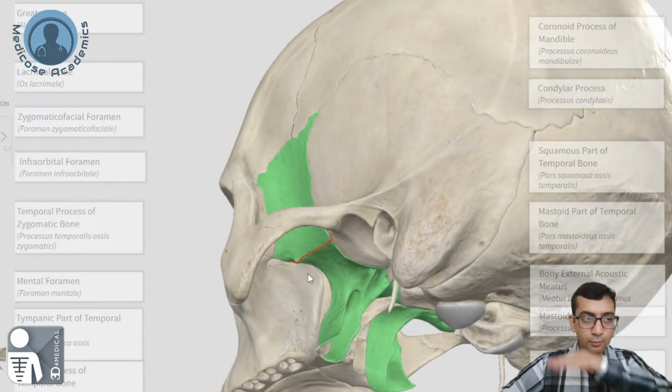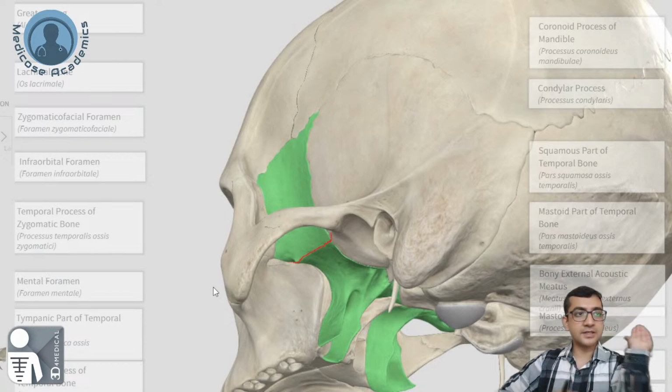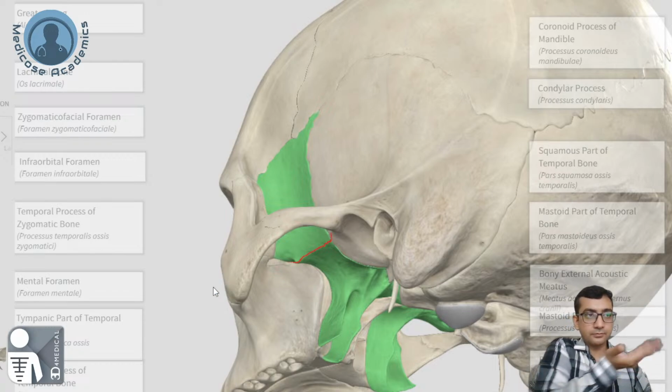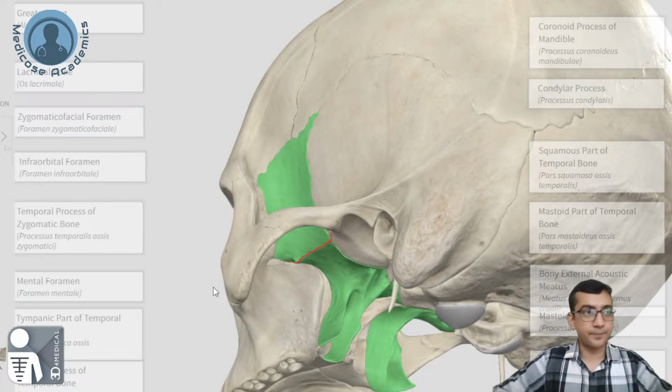Below it, it is almost in a horizontal plane; above it, it is like this. This red line is the infratemporal crest. This part is the greater wing of sphenoid in the temporal fossa, forming the floor of the temporal fossa. And here is the greater wing of sphenoid, the part that is making the roof of the infratemporal fossa.